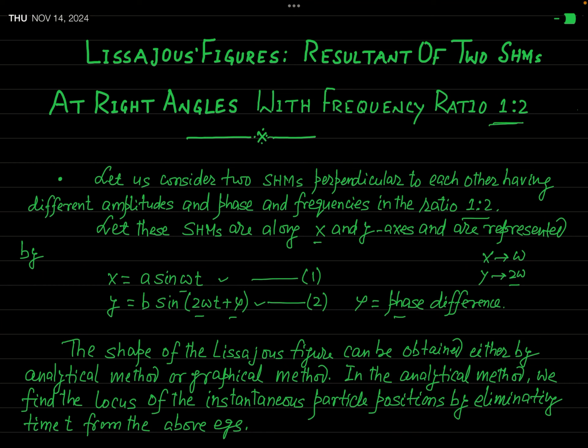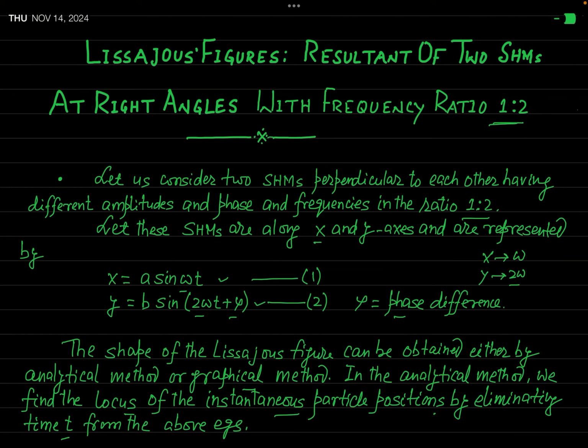Now, as I have told you, the Lissajous figure or the pattern or curve can be obtained either by the analytical method or the graphical method. In this video, we are going to see only the analytical method. In the analytical method, we find the locus of the instantaneous particle positions by eliminating time t from these two equations 1 and 2.